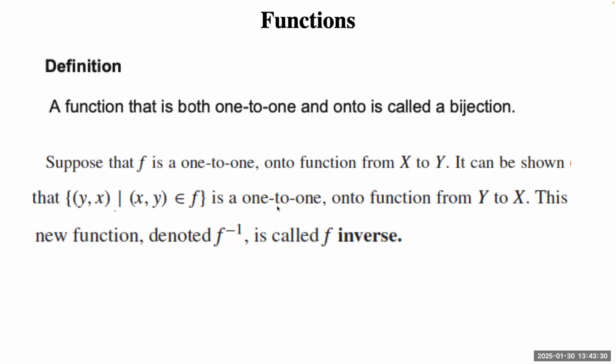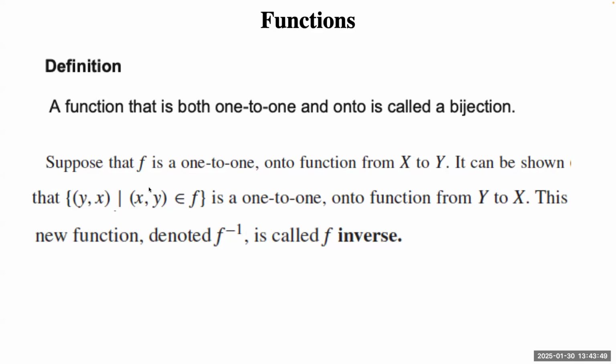So in other words, as long as your function is 1-to-1 and onto, you can show that if I reverse the (x, y) to (y, x), I also get a 1-to-1 onto function. And that function is called the inverse.